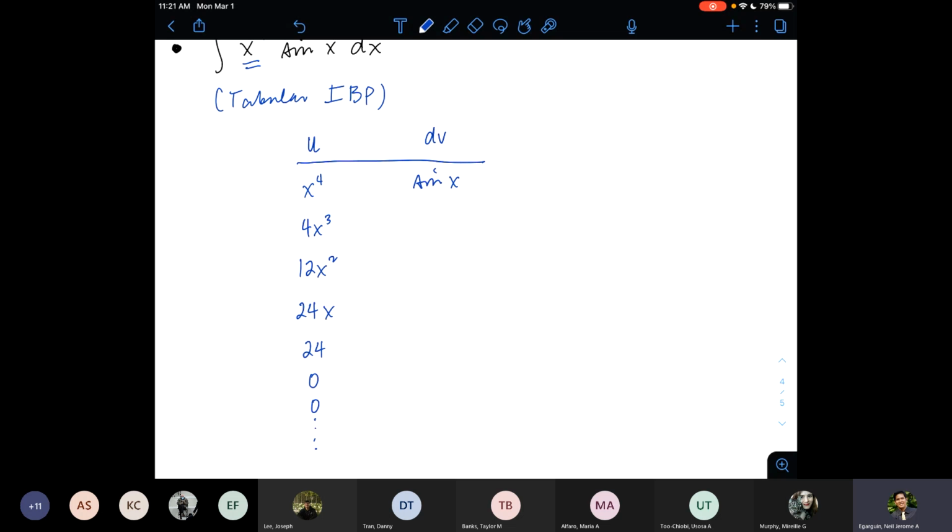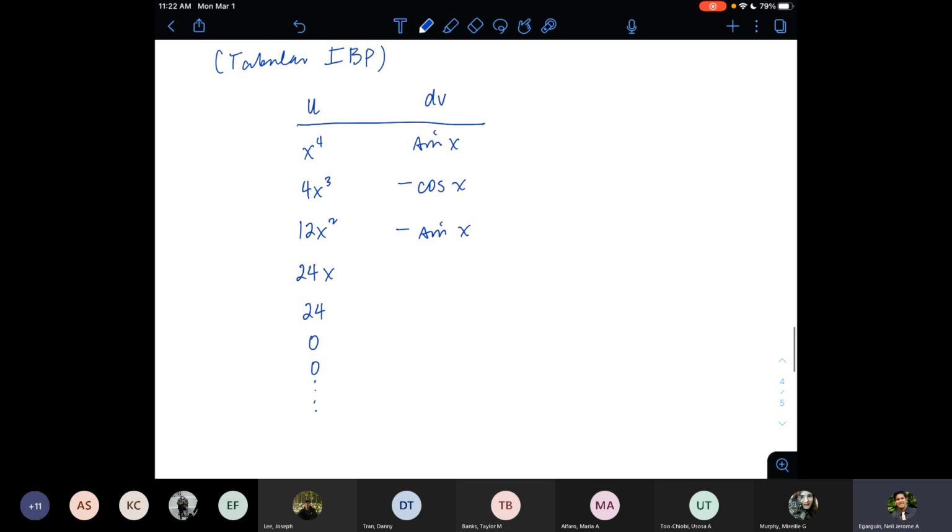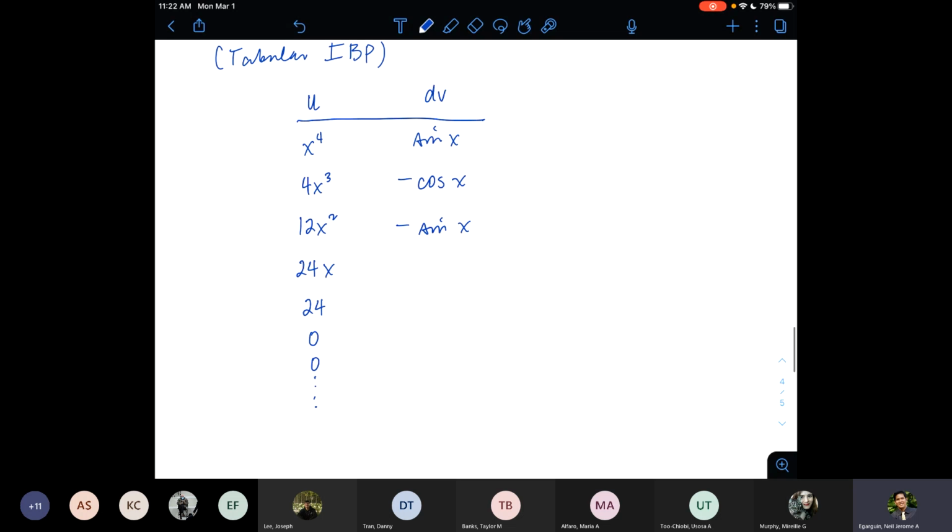And then now we go to the column for dv. Remember, how do we compute v from the dv? We integrate. So we need to integrate sine x. What's the integral of sine x? It's negative cosine x. And then the integral of negative cosine x is negative sine x. And then the integral of negative sine x is cosine x.